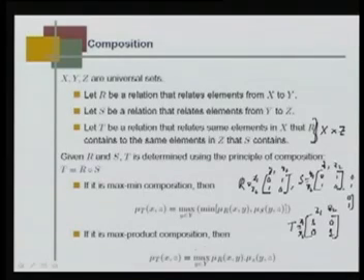Max-product composition will also lead to the same thing, because this is a crisp relation. In a crisp relationship, whether I follow max-product or max-min, both will yield the same result. Product means you just multiply 0 1 with 0 1. So, 0 0 is 0, 1 1 is 1, and the maximum of that is 1 here.